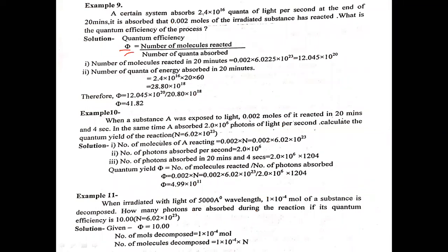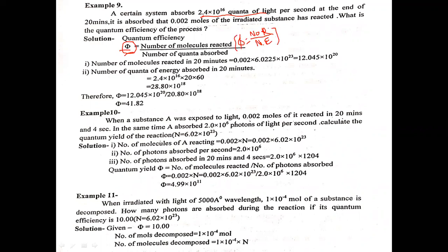Again, some numericals on the basis of quantum yield. Let's see. A certain system absorbs 2.4 into 10 to the power 16 quanta of light. Firstly, you have to know what the quantum efficiency or quantum yield is. It is the ratio of the number of molecules which undergo reaction, that is, reacted molecules, to the number of photons absorbed, meaning the energy absorbed. This ratio is the quantum yield.